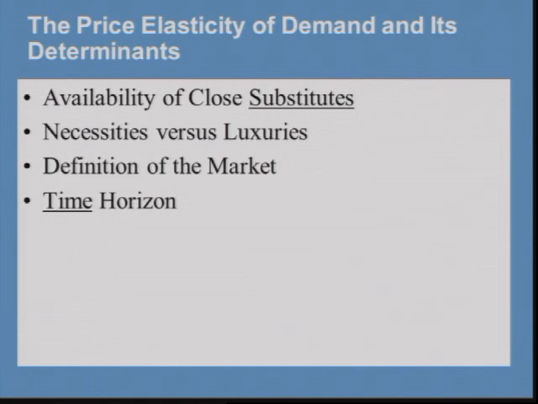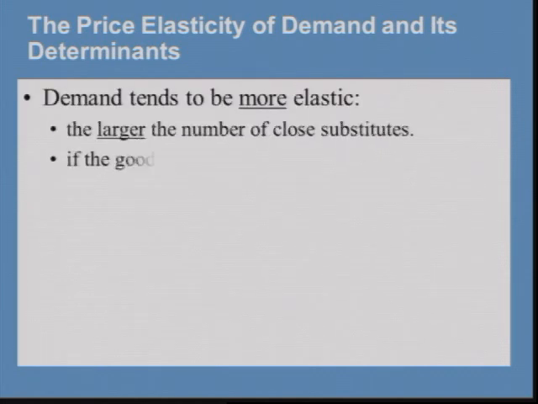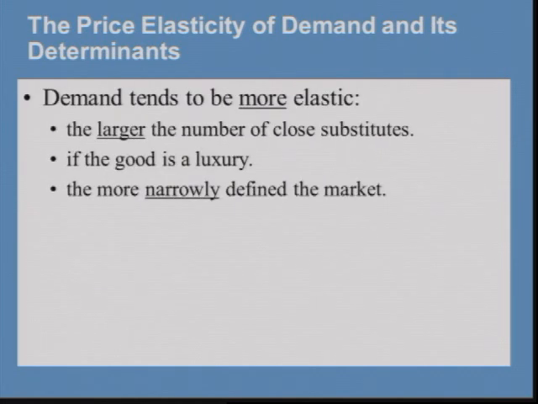If you give people enough time and you give car companies enough time to think about alternative modes of transportation, then we can see over time that our demand for gasoline, for example, might be more and more elastic. Okay, so all of these things play a role in our elasticity or our responsiveness to prices.